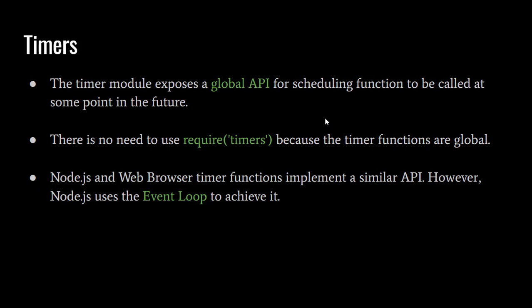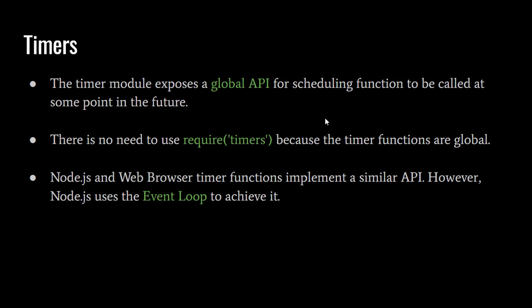So we can take something that may be synchronous, but then add a timer on it to delay it until sometime in the future, maybe 5 seconds from now, maybe an hour from now. We can defer things even further, and we can schedule them late, in the future, right? There's no need to require timers because the timer functionality is built in as global.